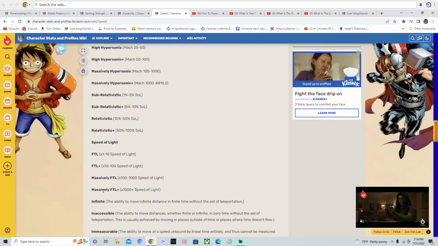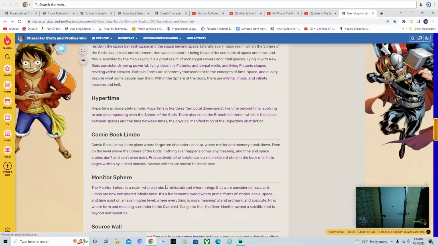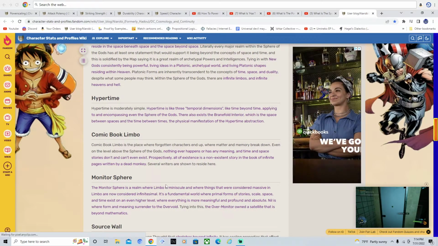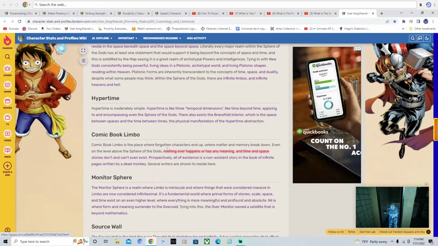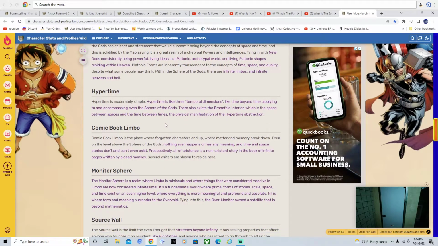So we can say reasonably, using the compatibility of speed scaling or speed power scaling, that Superman having over 20 feet of moving at a speed faster than 1,000 plus times the speed of light would be considered MFTL+ Superman scaling.